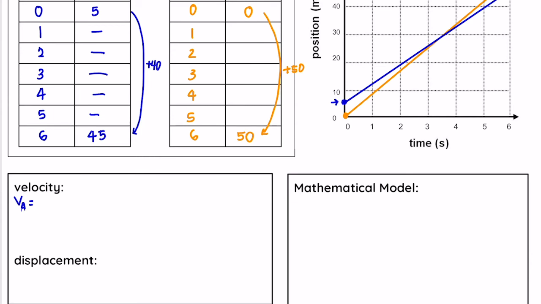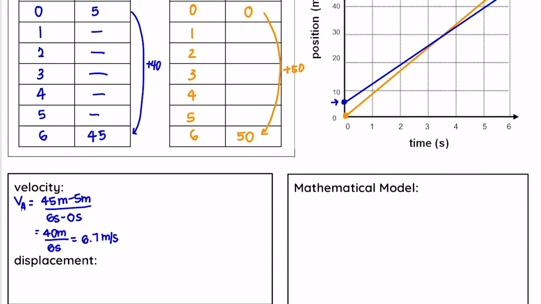All right, so we have 45 as her final minus her initial of 5 over 6 seconds minus 0 seconds. And what we're going to get is 45 minus 5 is 40 meters over 6 seconds, which is going to give us, when we put that 40 divided by 6 into our calculator, 6.7 meters per second.